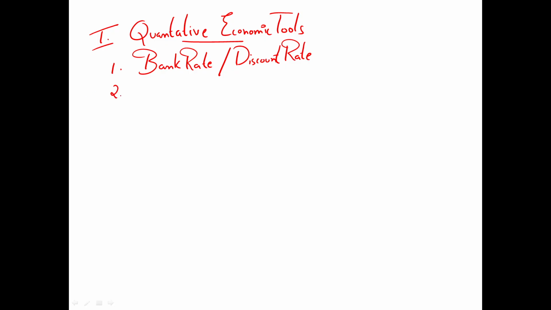The second quantitative tool is reserve ratio requirement.